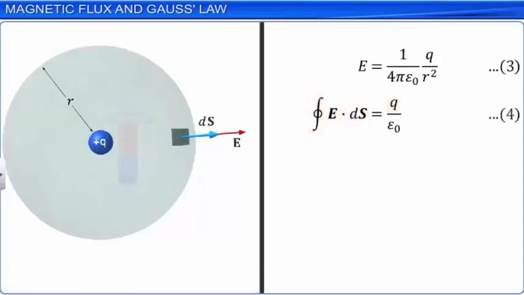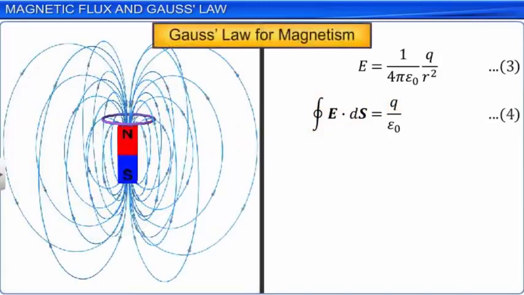Similarly, Gauss' law for magnetism can be derived from the definition of magnetic field strength. We know that the magnetic field strength B is equal to mu naught by 4 pi into m by r square. Let this be equation 5.